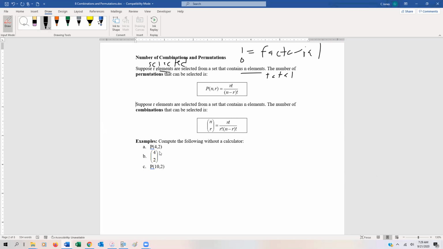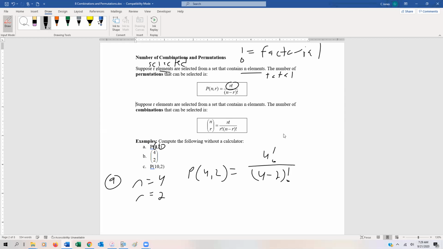So we have permutation 4, 2, and this is our formula. In letter A, we have n equal to 4, because it's the first number, and r is going to be equal to 2. So now I'm going to substitute 4 factorial for n factorial, and we're going to divide that by (4 minus 2) factorial.